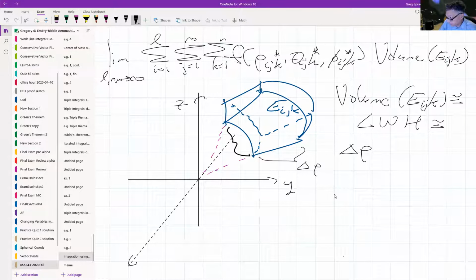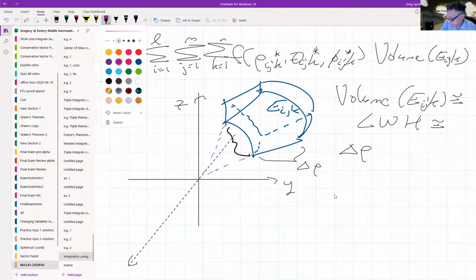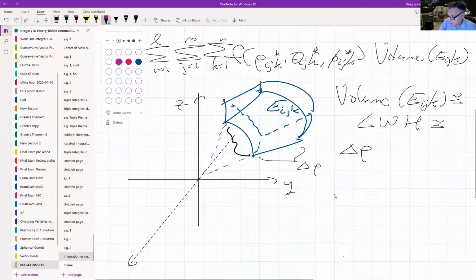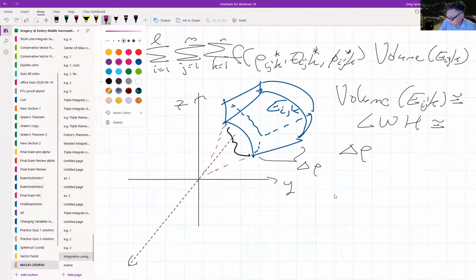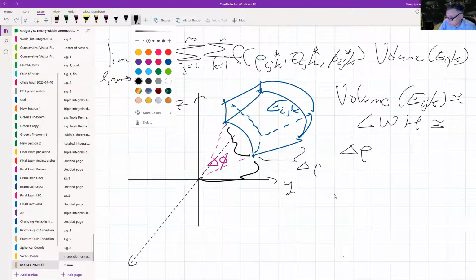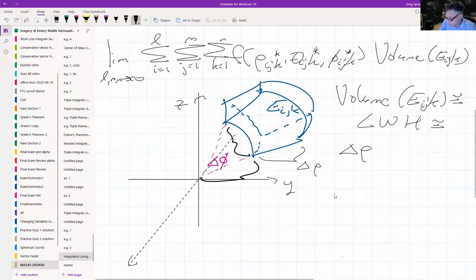Well, that's a circular arc, and the central angle is delta phi, and the radius is rho, really rho IJK, but I'll just call it rho.